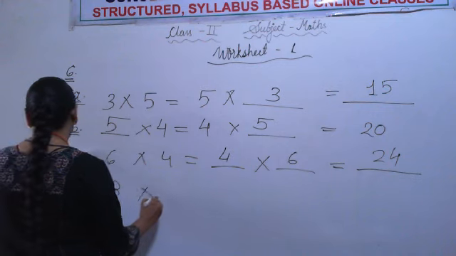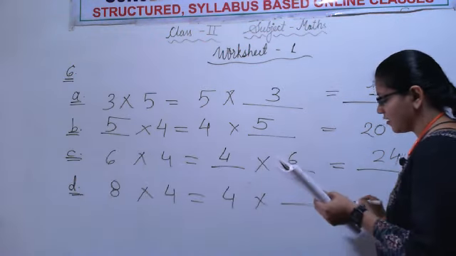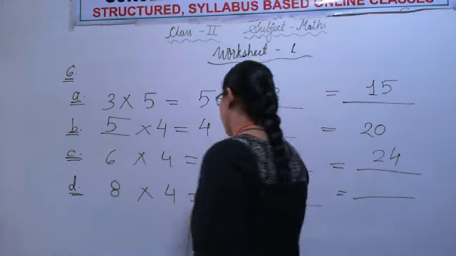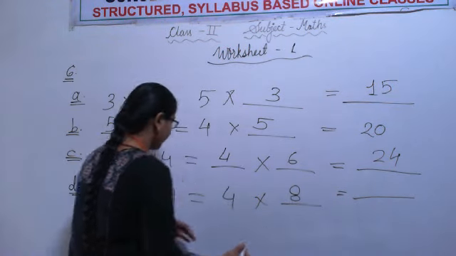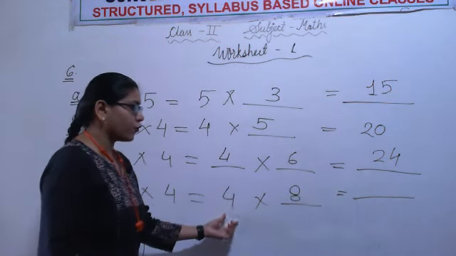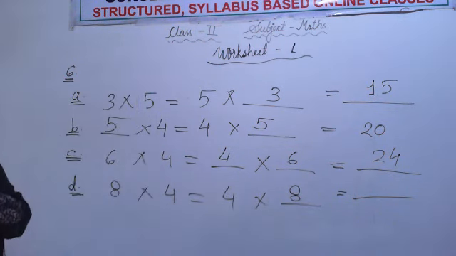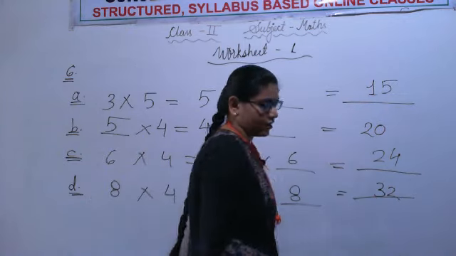The next one is 8 into 4 is equals to 4 into blank is equals to blank. Two numbers are there, 8 and 4. Here 4 is written, so we will write 8 simply. 8 into 4 is equals to 4 into 8. So 8 4s are or 4 8s are 32. So we will write 32 here.